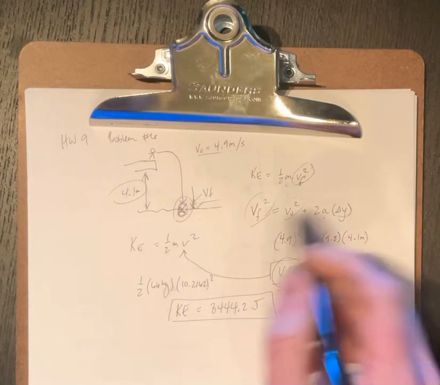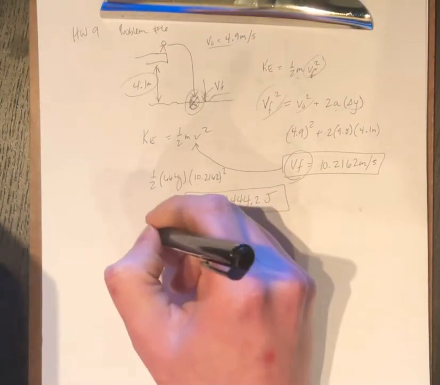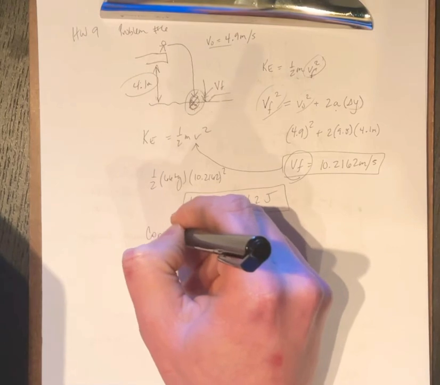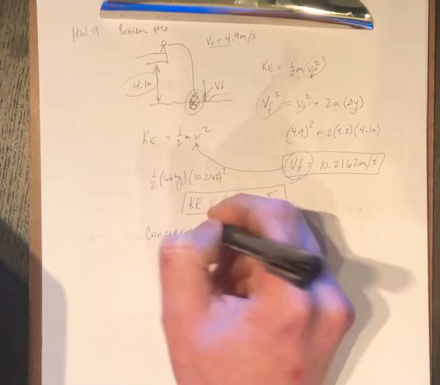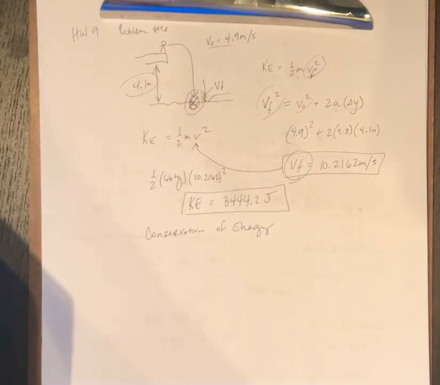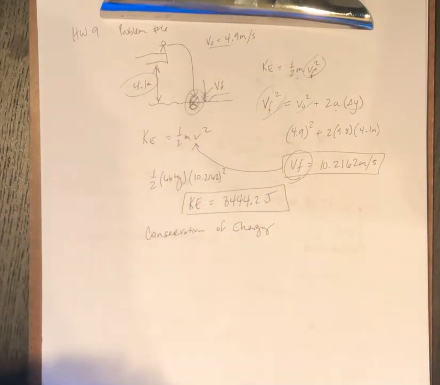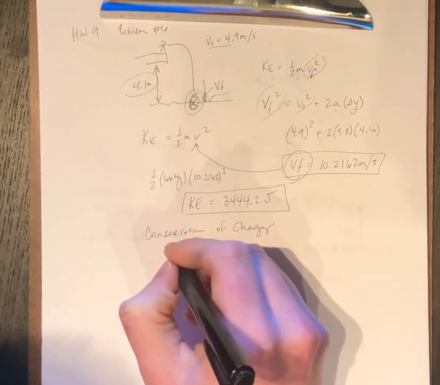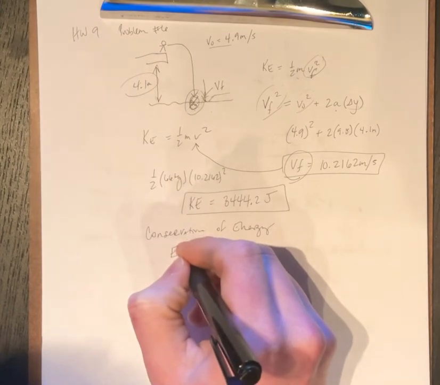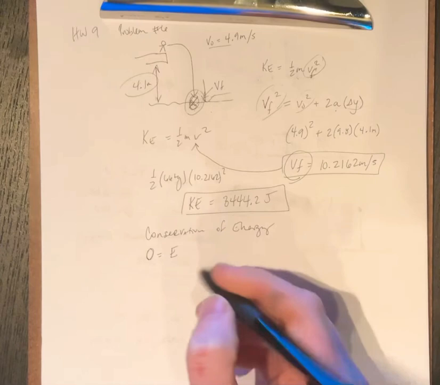So that's one way to calculate it. Another way to calculate it, which should give you the same answer, is the conservation of energy. So the conservation of energy states that the energy of a system cannot be created nor destroyed, right?